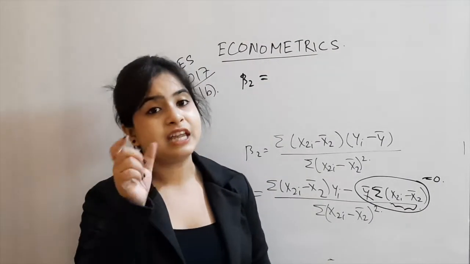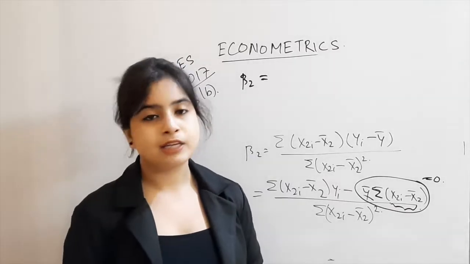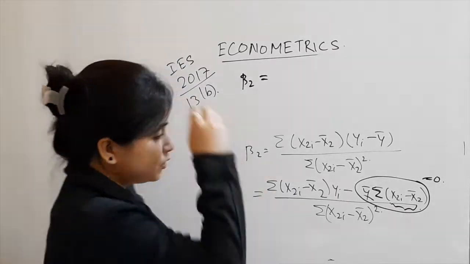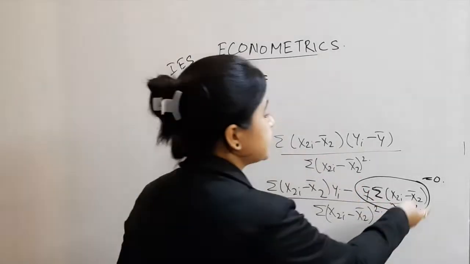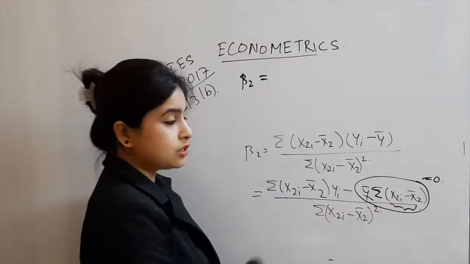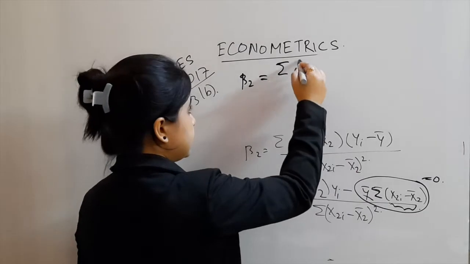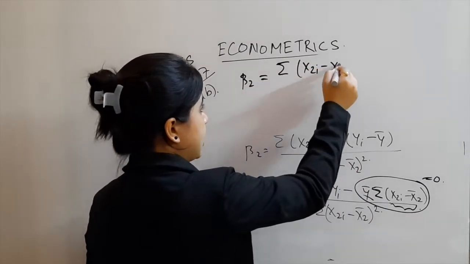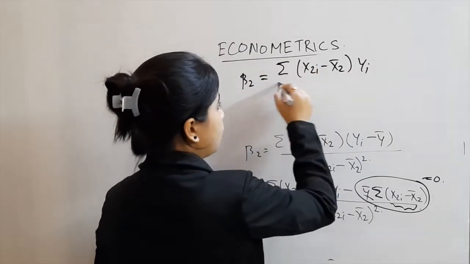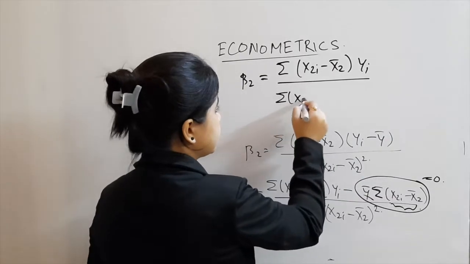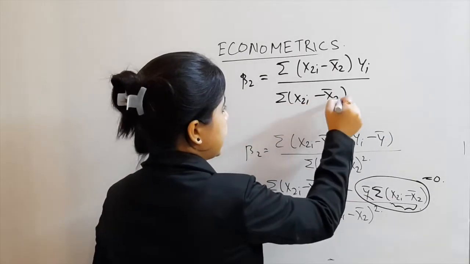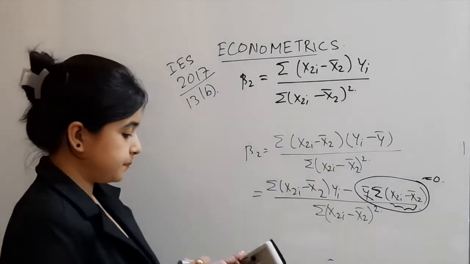That means the deviation from the mean value is always 0. We know this property, and from that this thing is equal to 0. So ultimately we have summation of (x2i minus x2 bar) yi divided by summation of (x2i minus x2 bar) whole square.